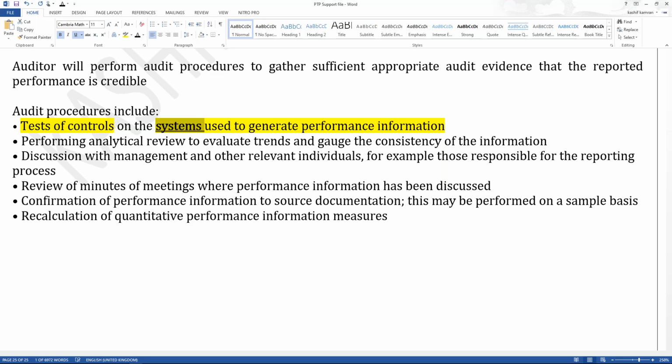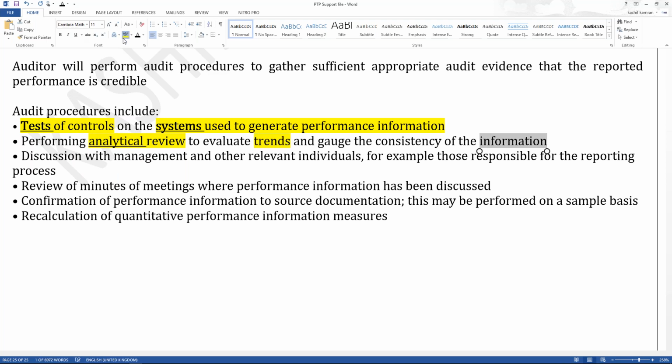Next, performing analytical review to evaluate trends and gauge the consistency of the information. We know analytical review is important, and analytical procedures can help us understand the trends in the information.